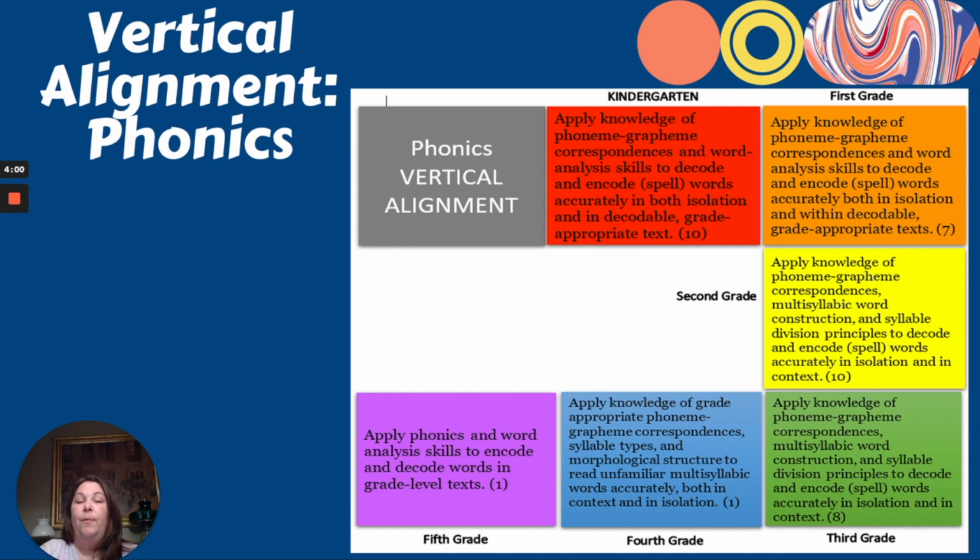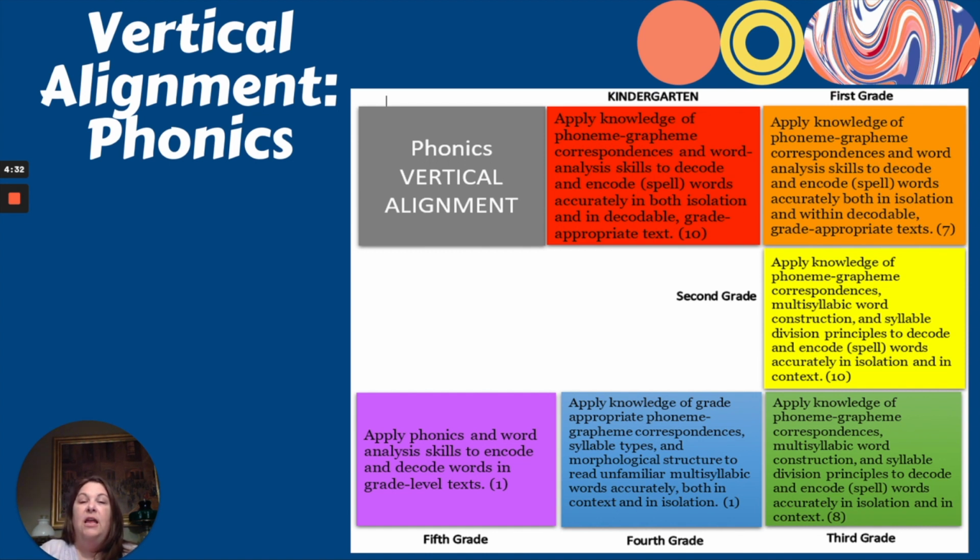As students move from third grade to fourth grade, they have to be able to apply knowledge of grade level appropriate phoneme, grapheme, correspondence, syllable types, and morphological structure to read unfamiliar multisyllabic words accurately, both in context and in isolation. And then as students move to fifth grade, they are to apply phonics and word analysis skills to encode and decode words in grade level text.